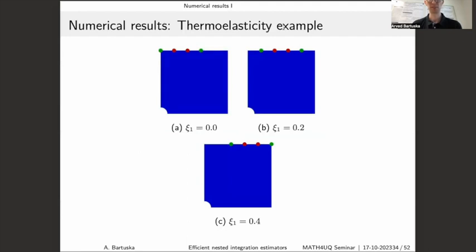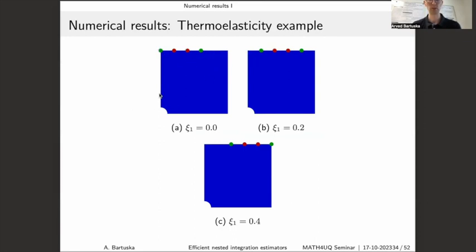Okay, here's another example. Again, a physical example, thermoelasticity. We have a square domain. We have measurement sensors at the top that we can move around. This is our design. The red ones measure the temperature, and the green ones measure the displacement.